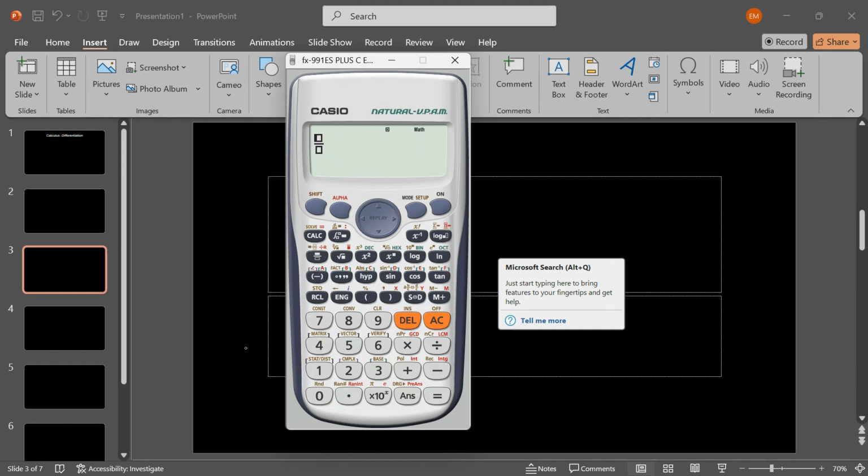And I'll come back and then compute it using the calculator. So we have 5 alpha x squared minus 1 all over 2 alpha x squared plus 1. We hit the equal to button and we're having 2.5.